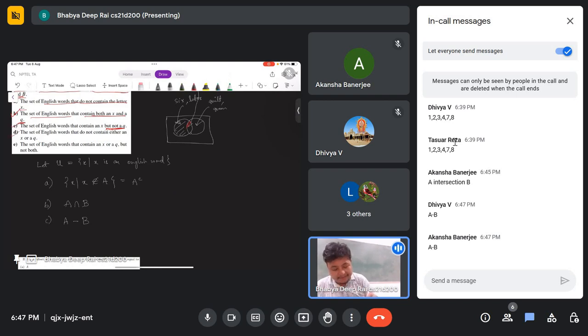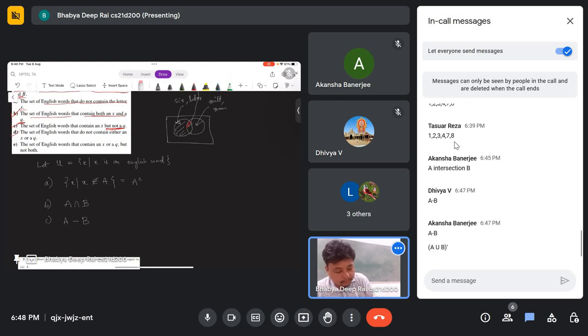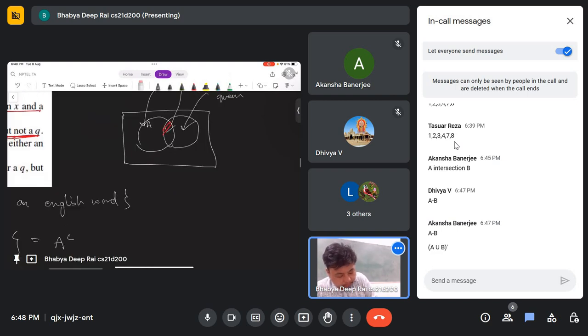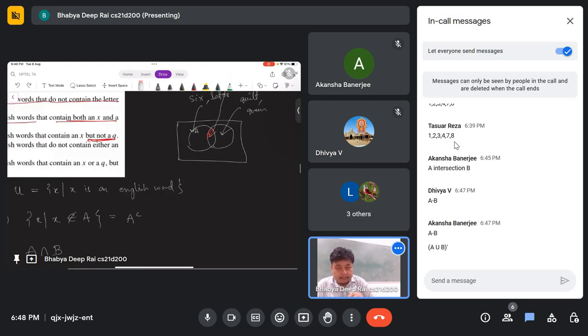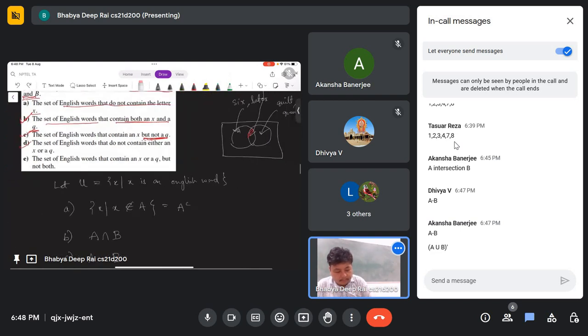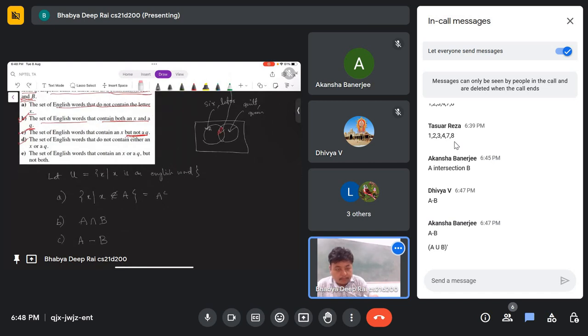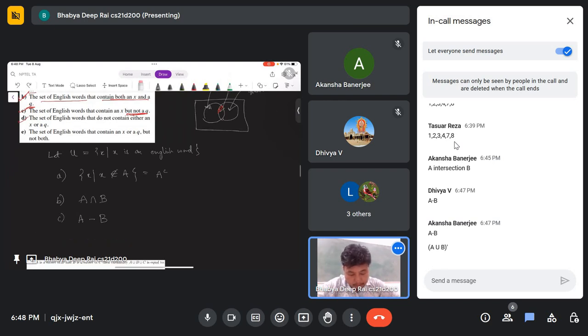Can you tell me the set of all English words that do not contain either an X or a Q? Akanksha says A union B complement. Yeah.